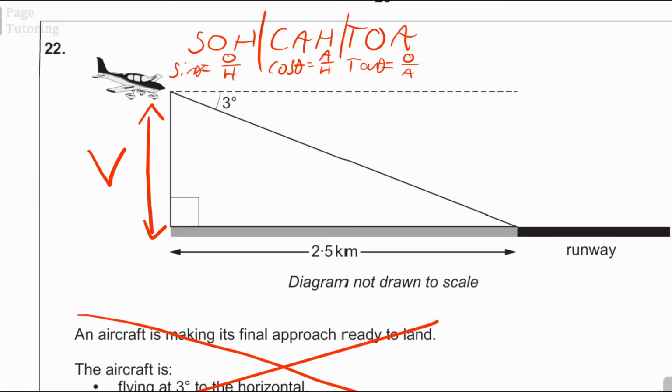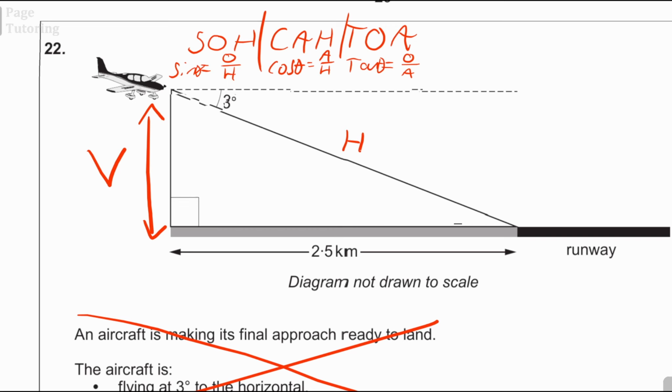So now let's label where the opposite, adjacent and hypotenuse are. Well, the hypotenuse is easy, that's just the really long side. But the opposite and the adjacent, we don't know what the opposite is until we've got our angle. If we look at our diagram, we haven't got an angle yet, but we do have an angle up here. We can see that's horizontal.